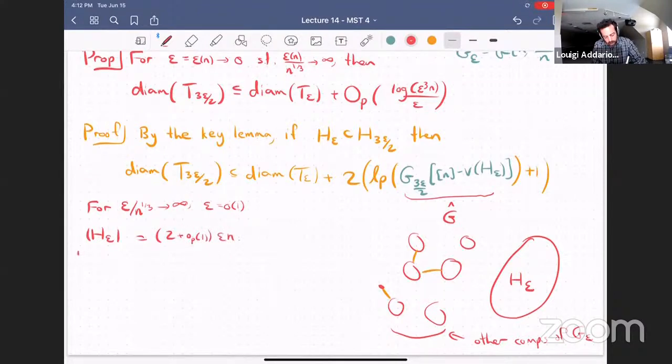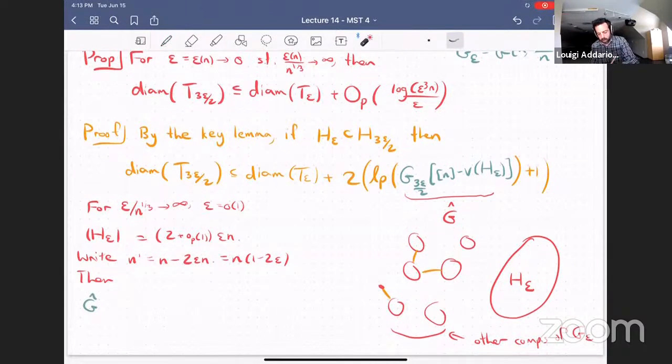So if I write n prime for n minus 2 epsilon n, that's n times 1 minus 2 epsilon, then this graph G hat has percolation parameter 1 plus 3 epsilon over 2 over n, but the size of the remaining graph is basically n prime, because we removed H epsilon, which has size basically 2 epsilon n.